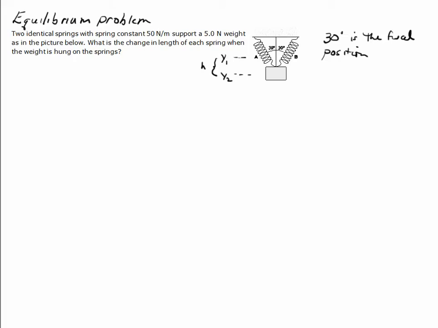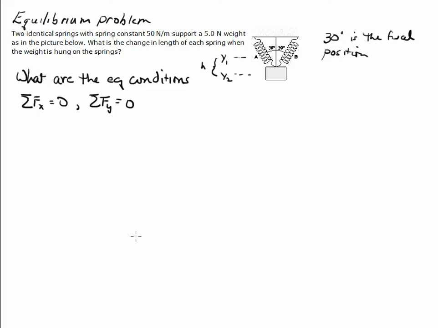So let's begin by asking the question, what are the equilibrium conditions? Well, we can go to Newton's second law, and we know that for equilibrium, the sum of the forces in the x direction must be 0, and the sum of the forces in the y direction have to be 0.